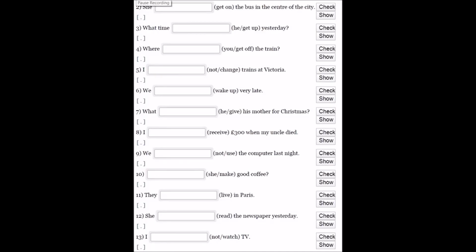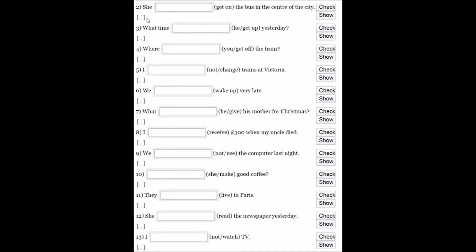Okay, so we're moving on to a wider practice. In here you will see the regular verbs, you will see irregulars, and as you can see, we have questions. So let's practice together and see how to figure out how to do them on the exam.